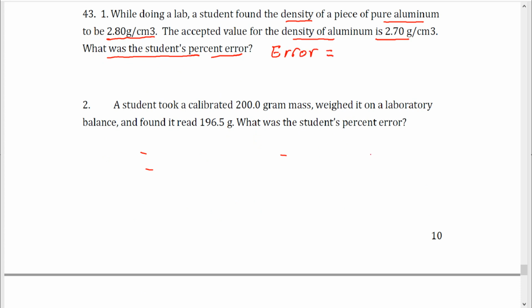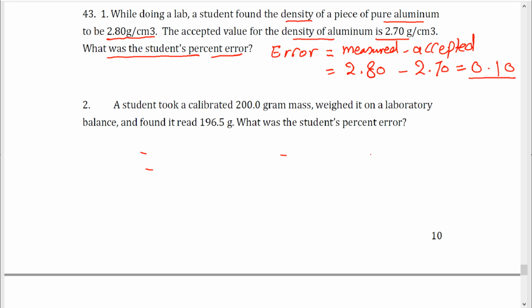Error equals, again, measured value minus accepted value. The measured value of the student is 2.8 and the accepted value is 2.70. So the error equals 0.10 gram per centimeter cubed.